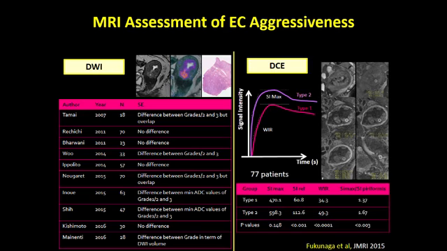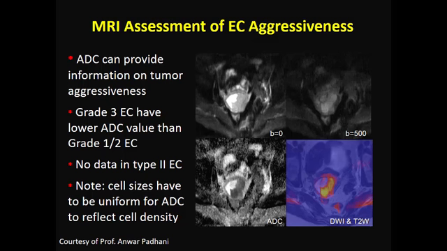There's also a relatively recent paper here, which is quite nice, again from a Japanese group, looking at DCE, and again there is indication that you can predict the type of endometrial cancer, type 1 versus type 2, grade 3 serous papillary and clear cell, using the dynamic contrast analysis as well.